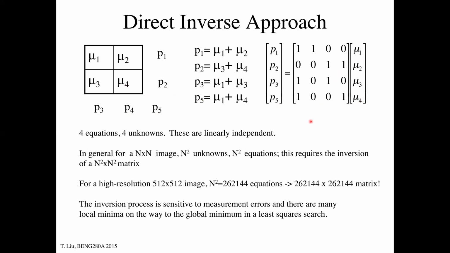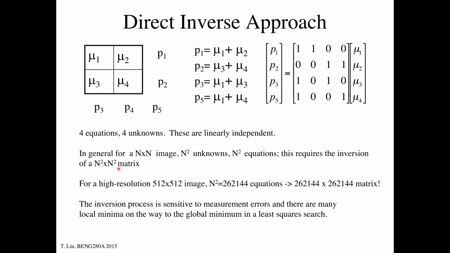However, as this problem gets bigger, this matrix gets enormous. This matrix is proportional to n squared, where n is the dimension on a side. Basically for an n by n image, we have n squared equations, and it requires the inversion of an n squared by n squared matrix.